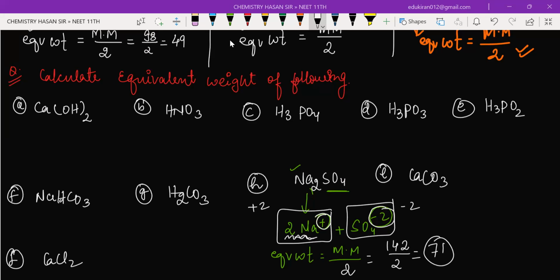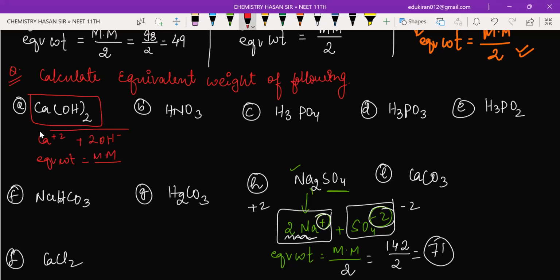So can you do the first one? What do you think, is it acid or base? Base. How many OH- are there? Two. If you dissociate it, it will be Ca2+ and 2 OH-. Now, to calculate equivalent weight, it will be molar mass upon what?